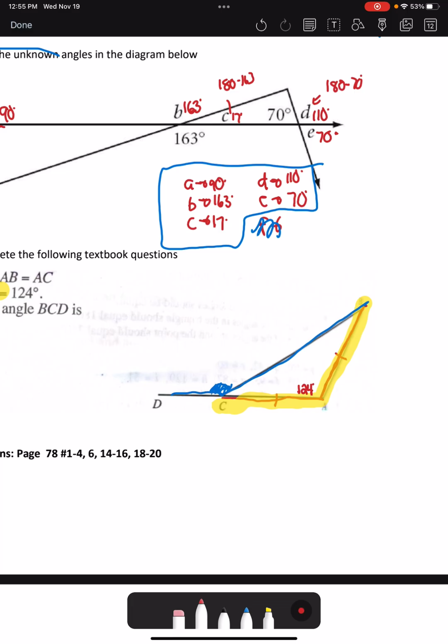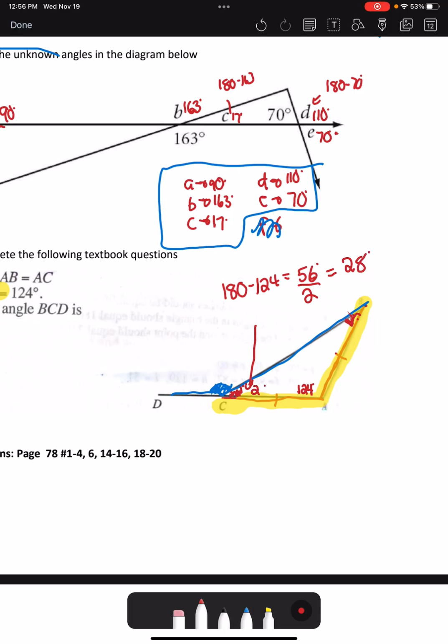So right away, we're going to find the inside angles. Because we know if this is isosceles, these would both have to be the same thing. So we're going to go 180 minus 124. That gives me 56. But then I know both of these angles would have to add up to 56. And because they're both the same, I can actually cut that in half. And that gives me 28.